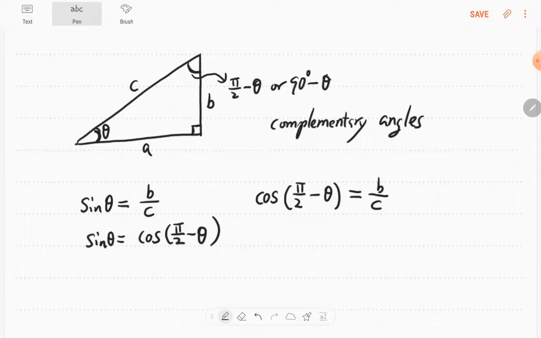Similarly, you can also get cosine theta is equal to sine pi over 2 minus theta.